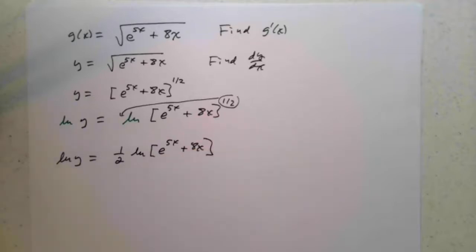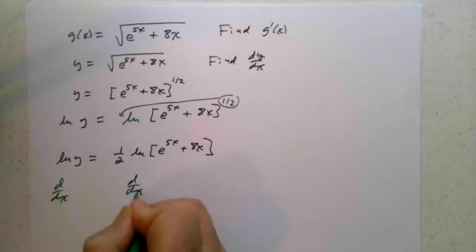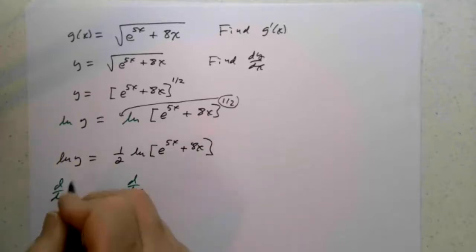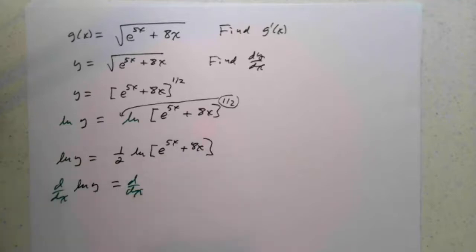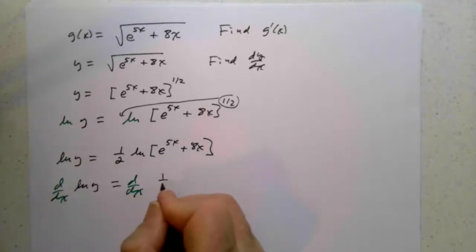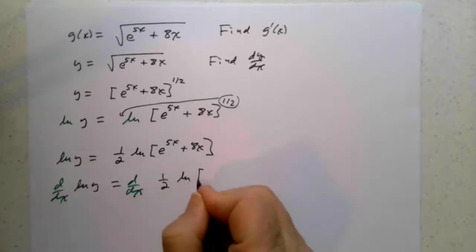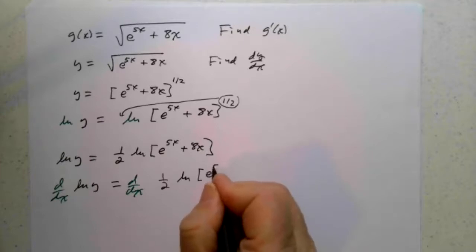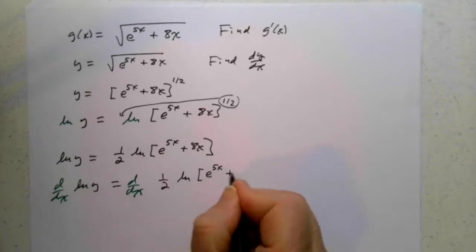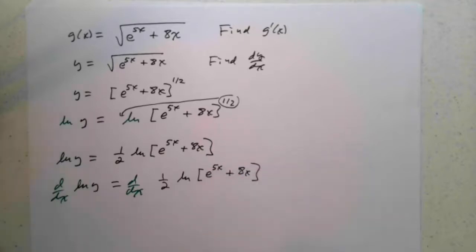At this point, we are able to take the derivative with respect to x of both sides. Derivative with respect to x of the left side and the derivative with respect to x of the right side. So the derivative with respect to x of log y equals the derivative with respect to x of 1/2 natural log of e to the 5x plus 8x.